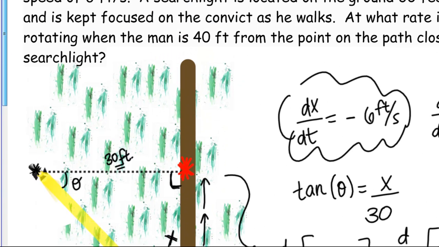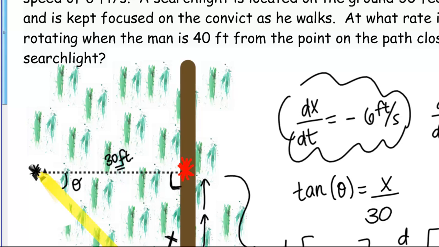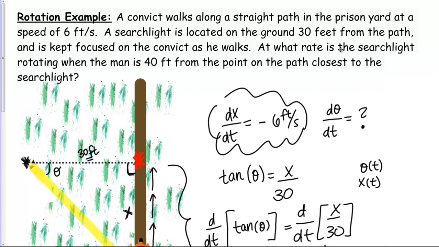So remember, if I scroll back up here, it asks, at what rate is the searchlight rotating when the man is 40 feet from the point on the path closest to the searchlight? Okay, so here's an important piece of information. We're looking for the rate of change of the angle, specifically at the instant when the man is 40 feet from the red star in my picture.